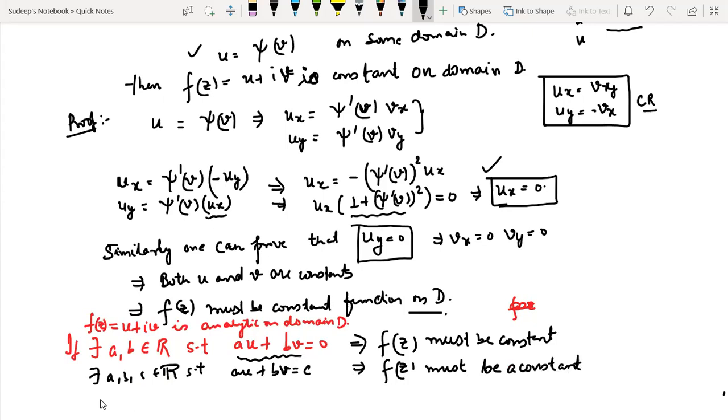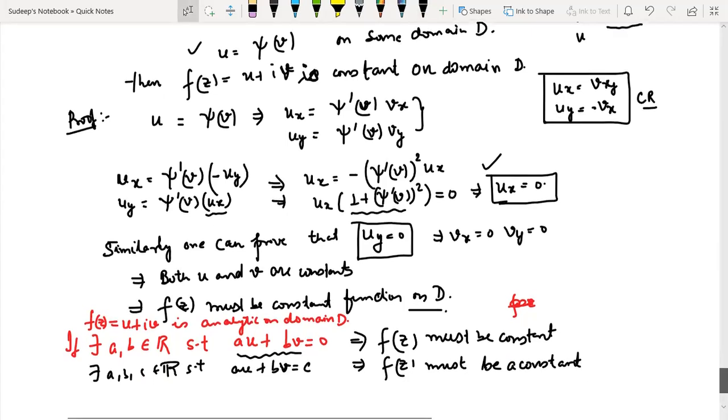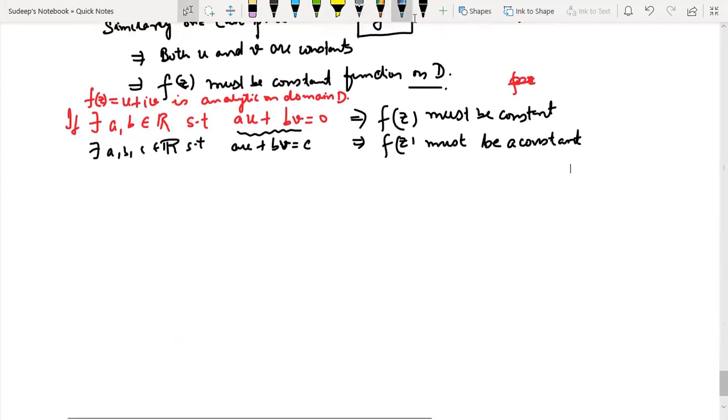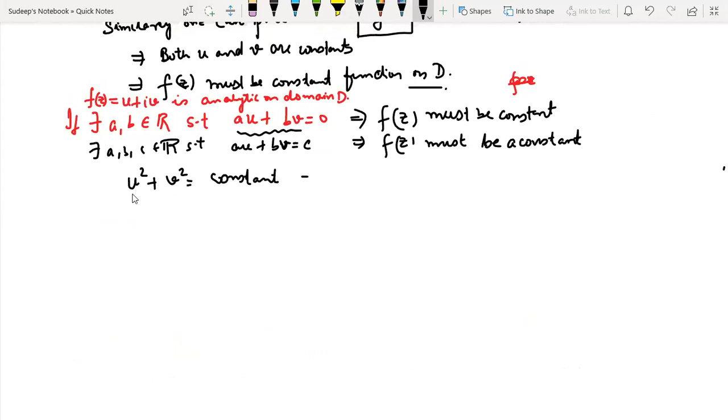If you remember, this case we have done, but I'm just revisiting that case for you. If u and v lie on a circle, it implies what? It implies that u square plus v square is a constant. So u and v are lying on a circle, and u square plus v square equal to constant implies that f(z) must be a constant function.